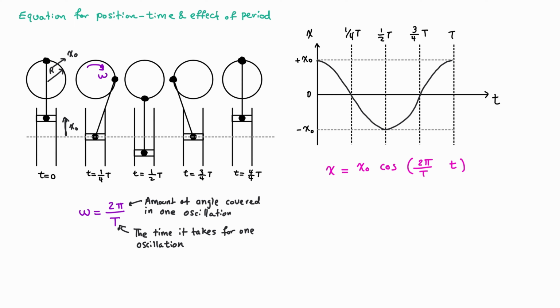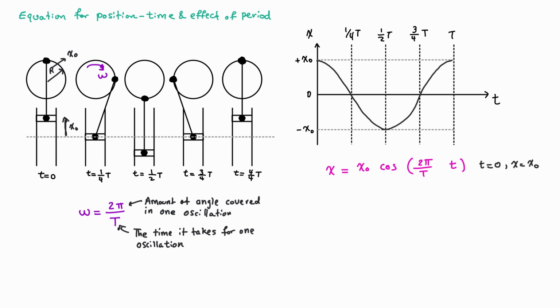So at time 0 over here, if I plug that in, this entire thing becomes 0. Cosine of 0 is 1, and that would mean our displacement at time 0 is equal to x naught times 1, which is just x naught, or the amplitude, and that's correct for time 0.